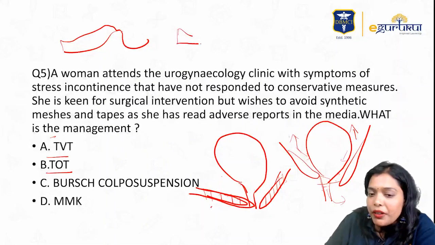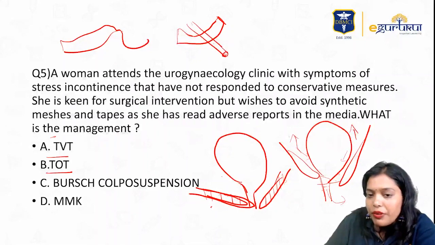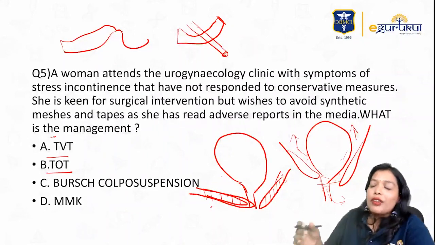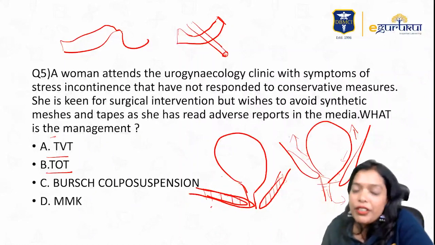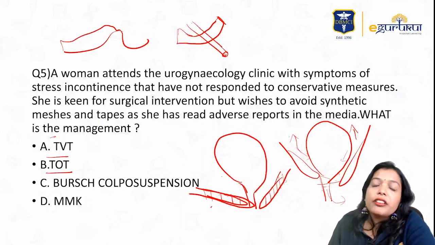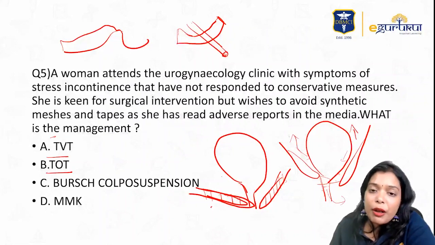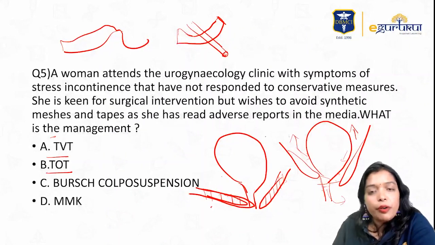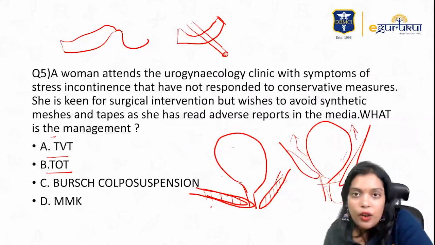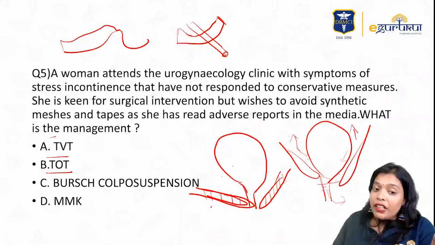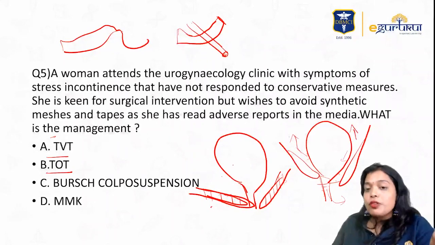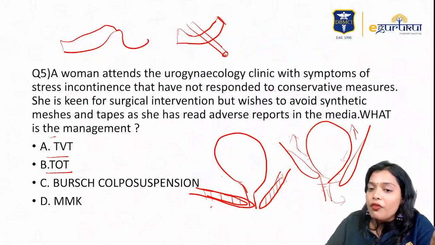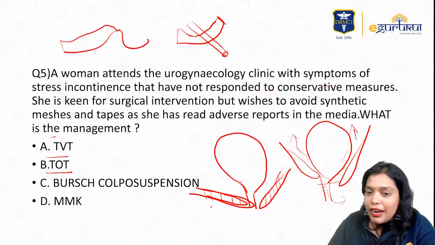This tape will be present just below the urethra. Whenever there is a rise in intra-abdominal pressure and the urethra is trying to come down, this tape will prevent the urethra from coming down. That's how it protects and prevents stress incontinence from happening. Same with the transobturator tape, but here it is coming out from one foramen to the other foramen, right?